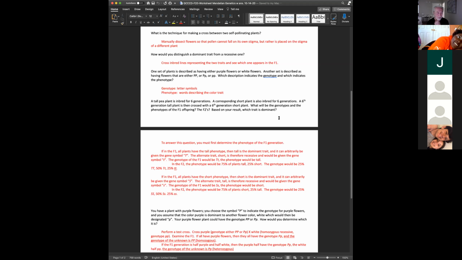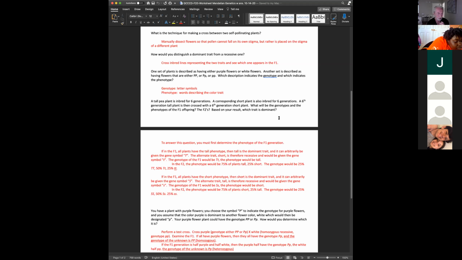One has a phenotype tall, the other has a phenotype short. And so one possible outcome when you cross them is that in the F1, all the plants are tall, like the tall parent.